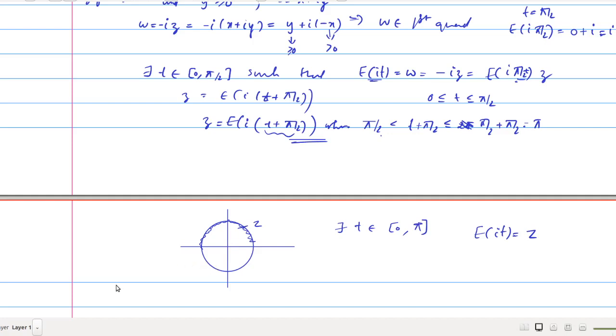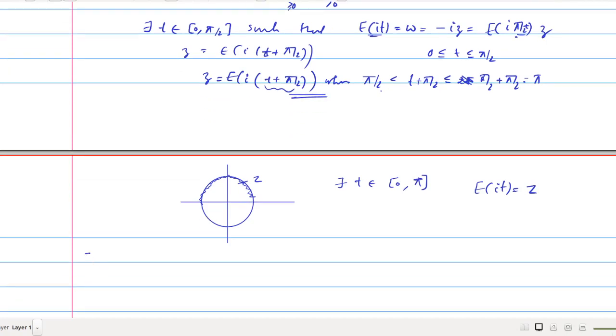Now we consider the case z equal to x plus iy and y is less than 0. That means if we choose any z from this part, we will consider these two segments together. Any z from this part, then consider minus z, or put w equal to minus z.